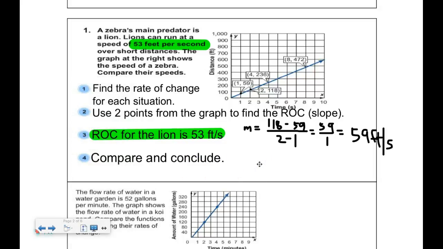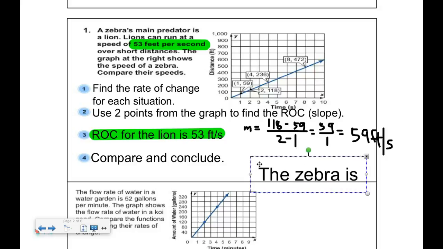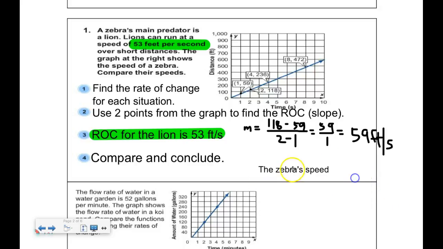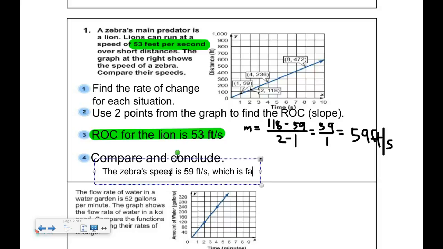So the zebra's speed is 59 feet per second, which is faster than the lion.